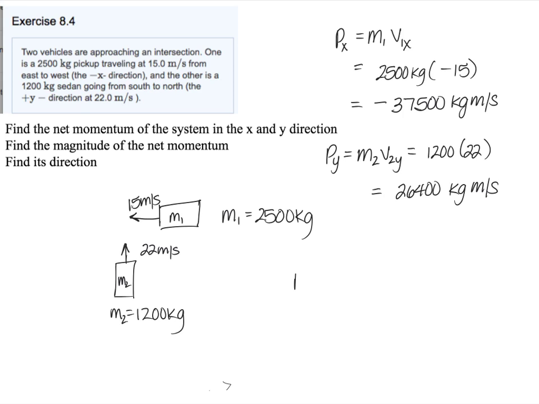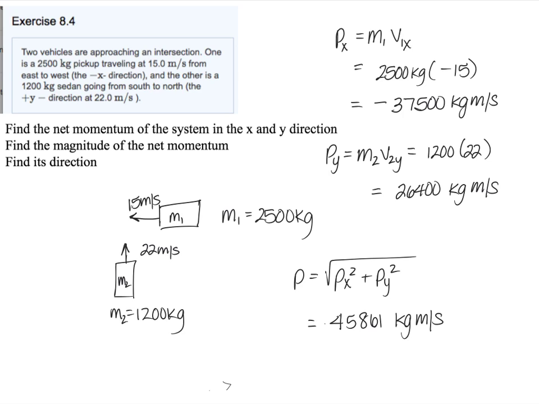To figure out the total magnitude of the momentum, that is found using the Pythagorean theorem. I take the x component squared plus the y component squared, take the square root of that, and that's going to give us 45,861 kilograms meters per second.